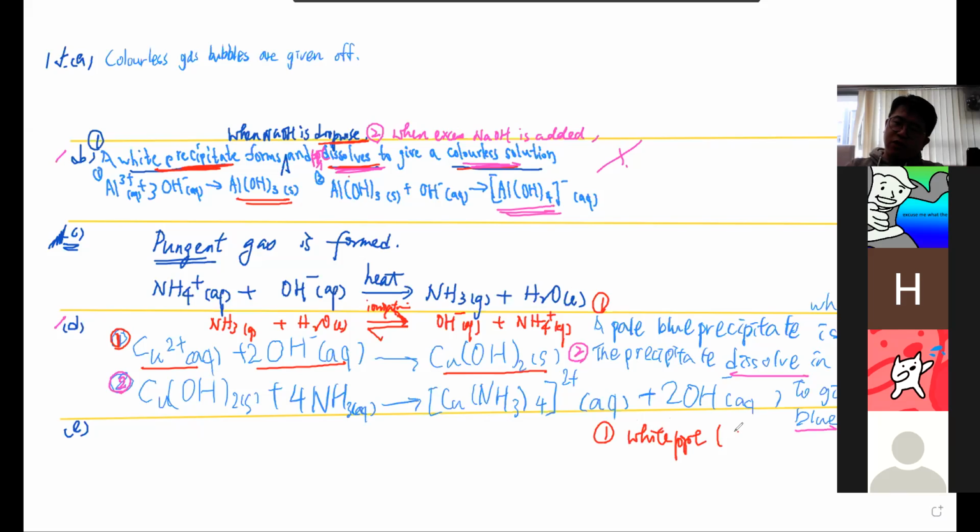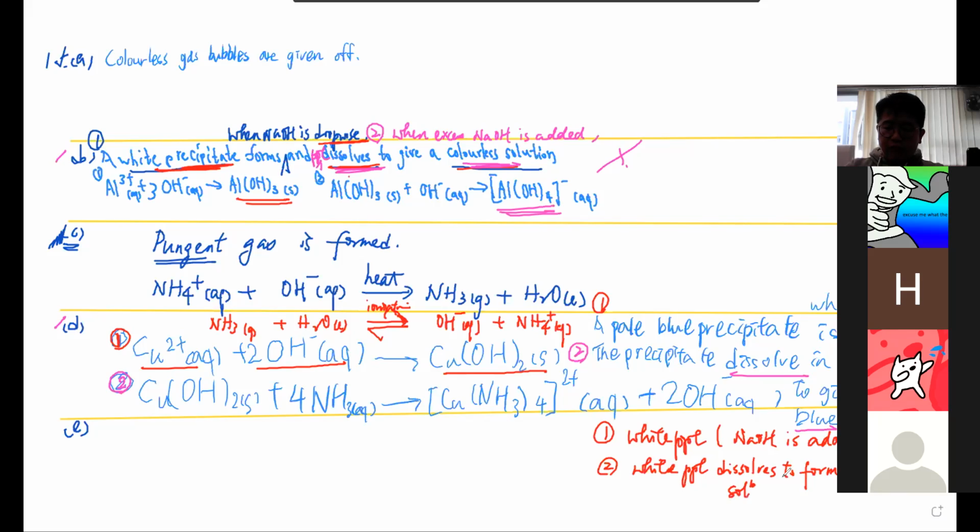So the condition is ammonia is added dropwise. And condition number two, the white PPT will dissolve to form a solution. What is the color of the solution? This is colorless.